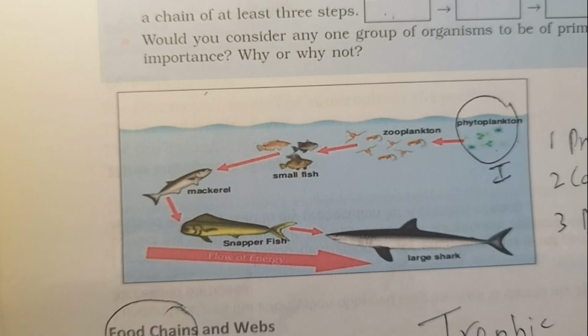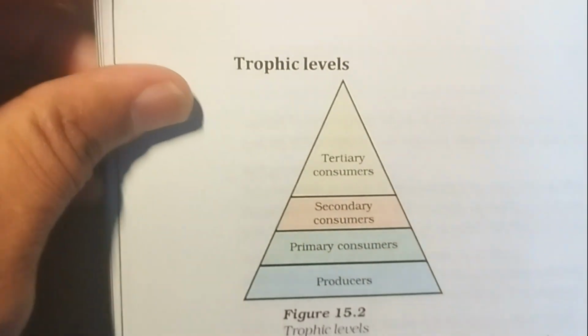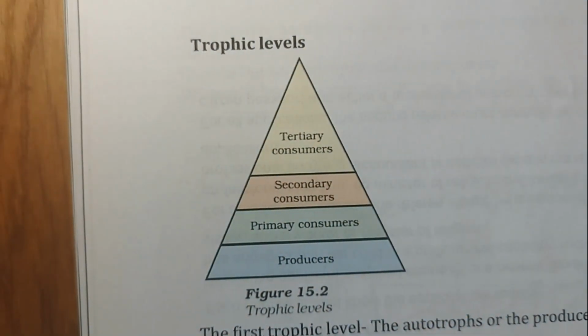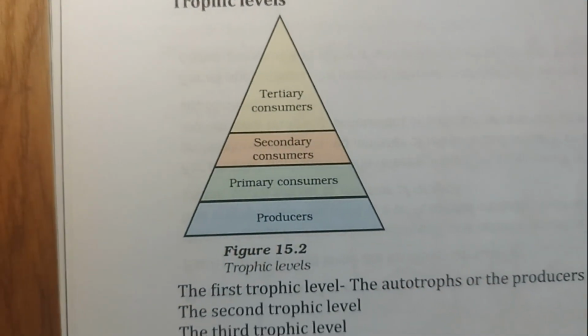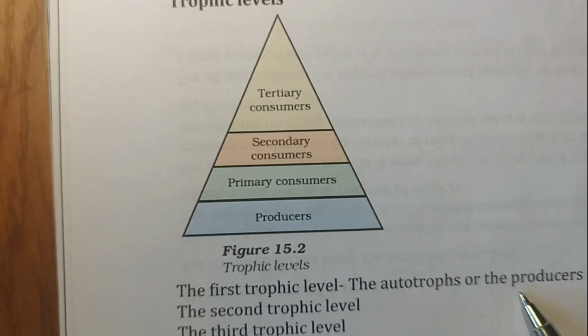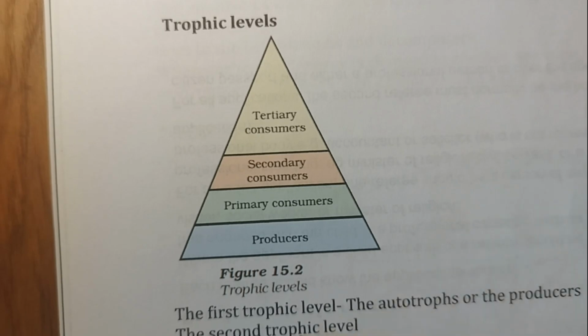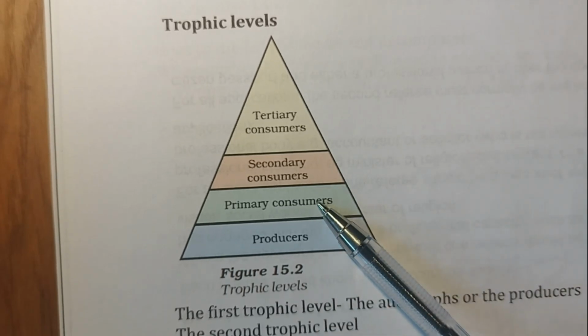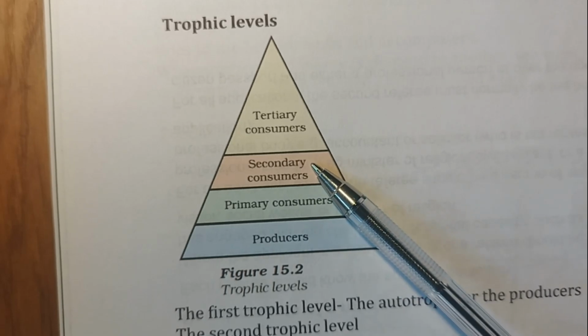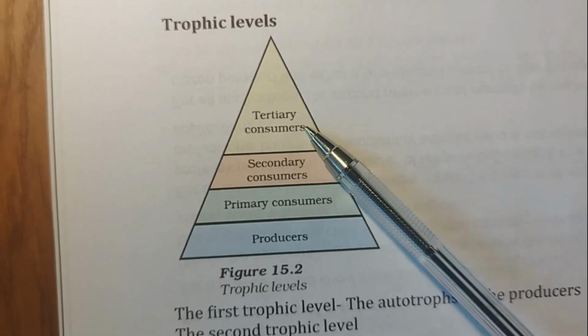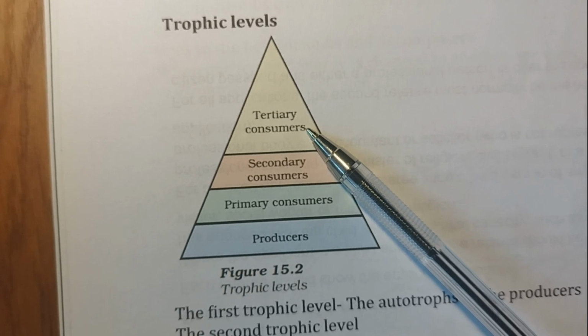So these are the trophic levels, and I explain again. The first trophic level is autotrophs or producers. Then the consumers. The second trophic level is primary consumer. The third trophic level is secondary consumer. The fourth trophic level is tertiary consumer.